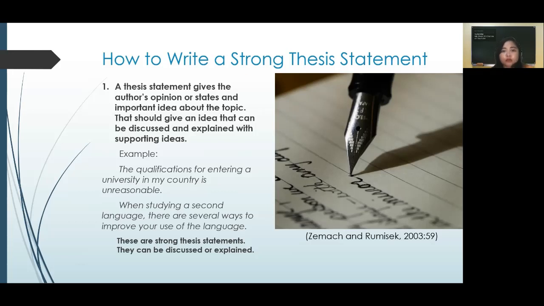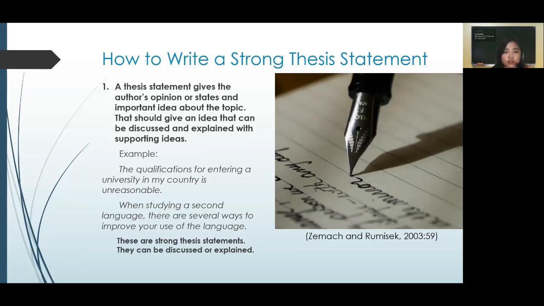So here we need to make sure that your thesis statement is an opinion of the author. The opinion means something relative, something that can be debated or is debatable. So it will be interesting when your reader does not agree with your statement, or maybe they are in favor of it. It should give an idea that can be discussed and explained with supporting ideas.